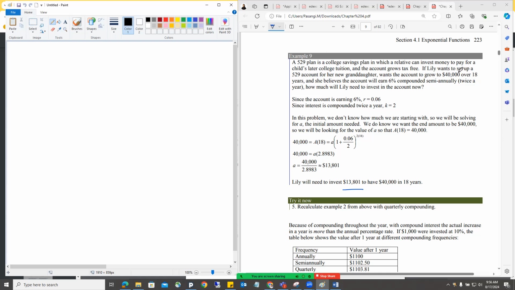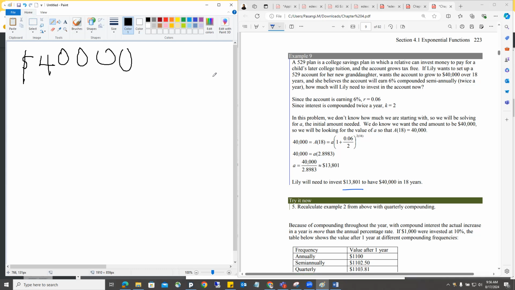If Lily wants to set up a 529 account for her new granddaughter and wants the account to grow to $40,000 over 18 years. After completing 18 years on that account, she just wants to have $40,000. Is it clear?